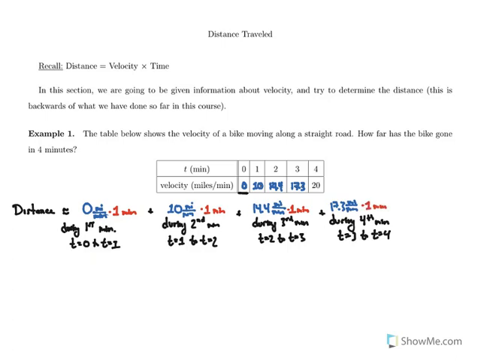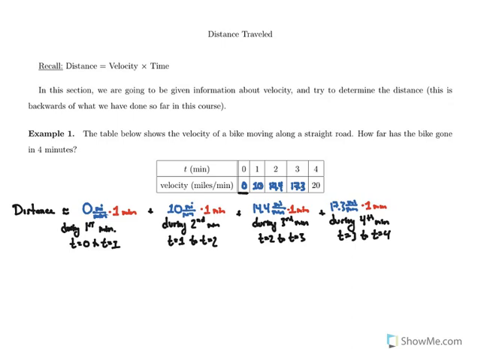What we're doing here is using one of the velocities given to say that we're going to go that velocity for the entire minute. Now, that's not what's going to be happening. It's not like you go 0 miles per minute for the first minute and then you jump to 10 miles per minute. But with the information we're given, that's a good estimate.